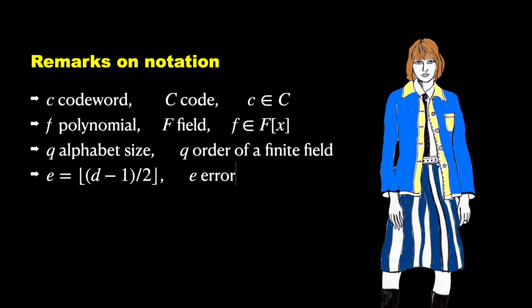Lastly, we use E to denote the error-correcting capability of a code, and we'll also soon begin using E to denote the error vector, which is the error that's introduced to a code word during transmission. Sometimes a sentence will use the same E twice to mean two different things. But I hope it'll be clear from context which E means the error-correcting capability, and which E stands for the error vector.